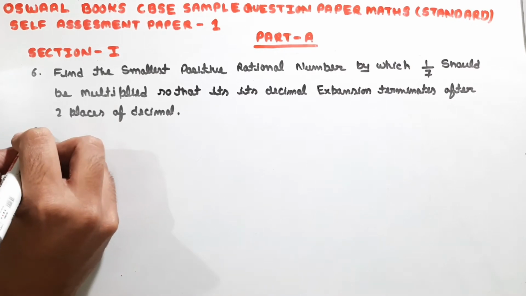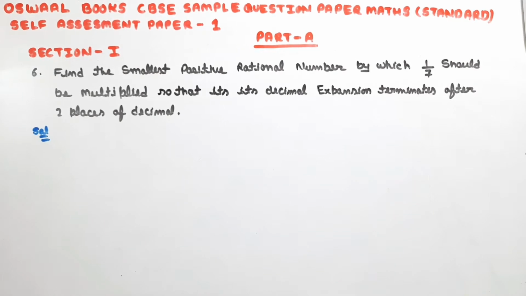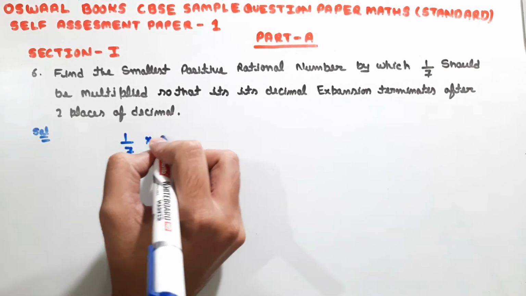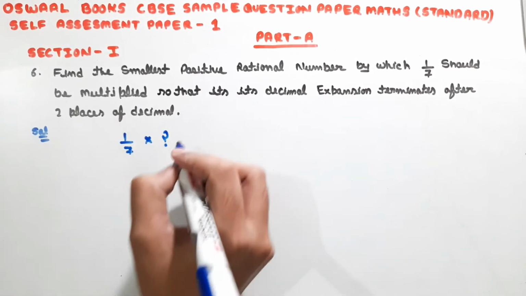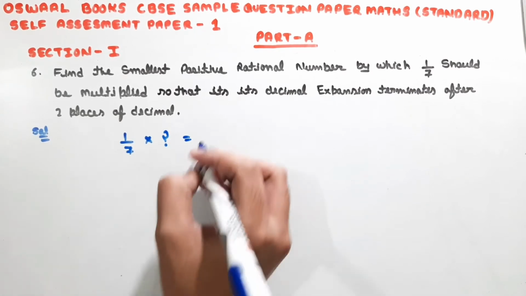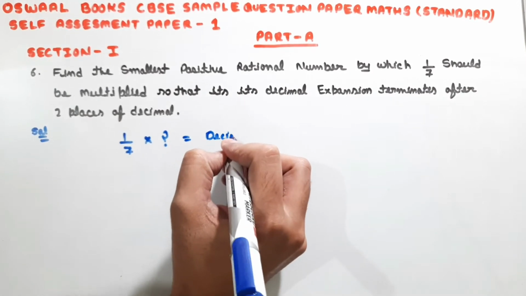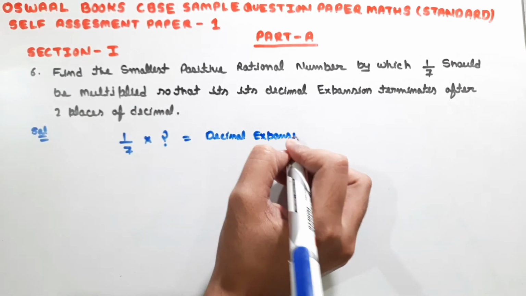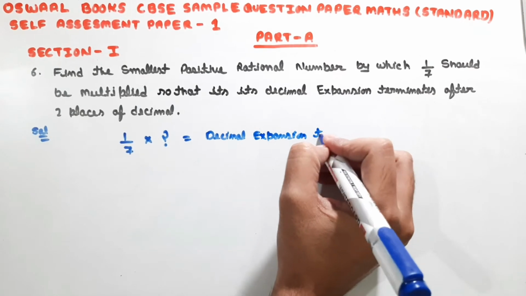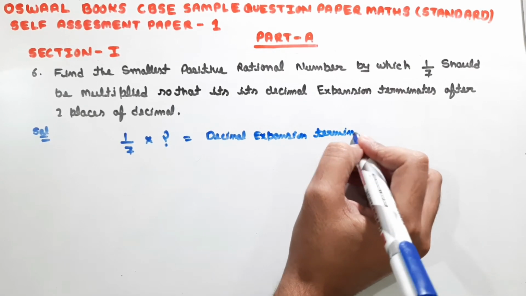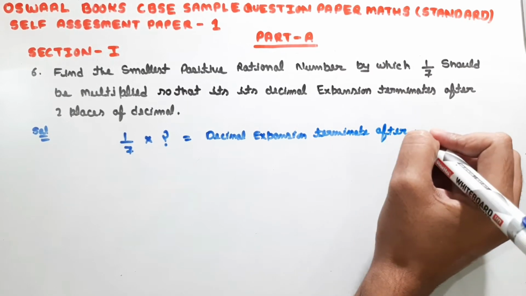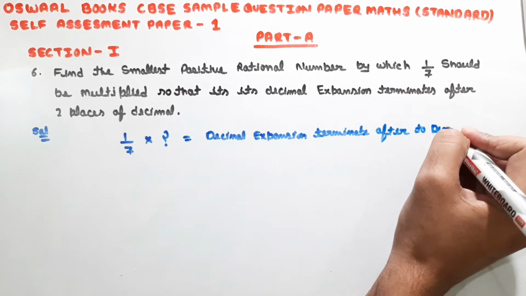In this problem, we have to find a rational number by which 1 upon 7 should be multiplied so that the decimal expansion terminates after two decimal places.